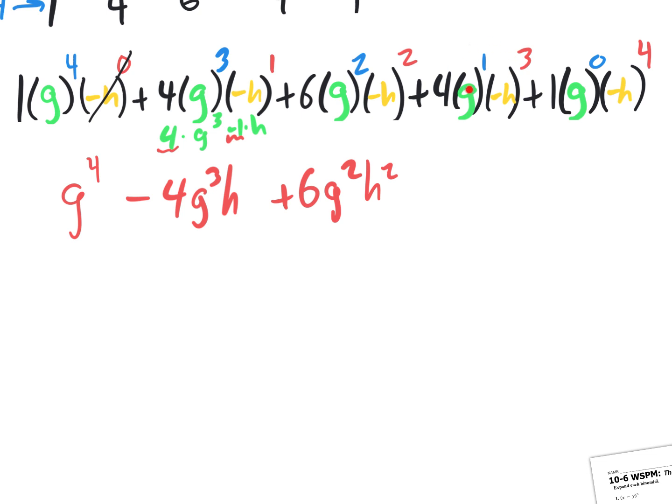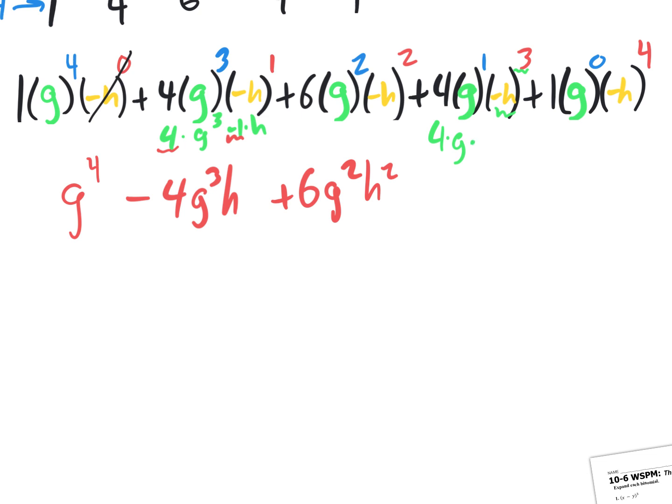This next one is pretty simple as well. G to the 1 is just a regular g. Obviously, you don't even have to write to the 1 power. So what we have so far is a 4g, or 4 times g if you want to call it. And then the negative h to the third power, that becomes a negative h times a negative h times a negative h. A negative times a negative times a negative is a negative.